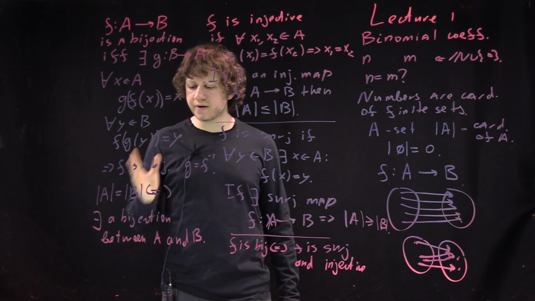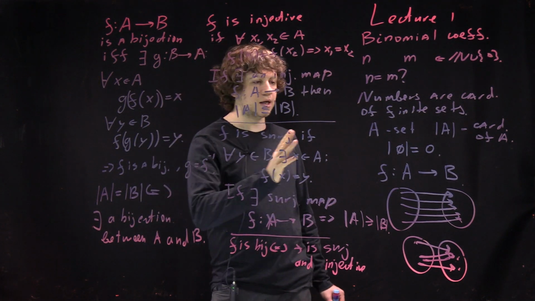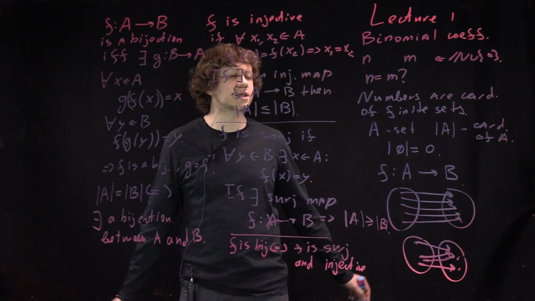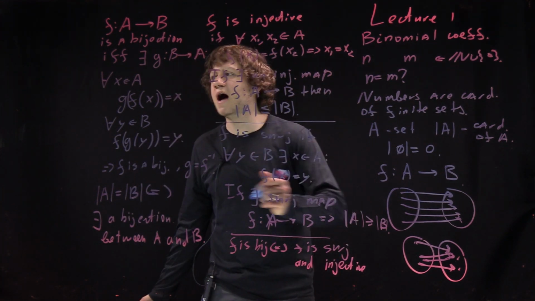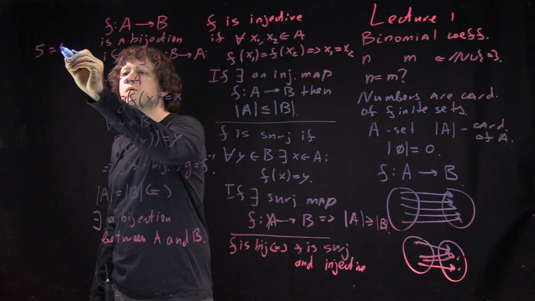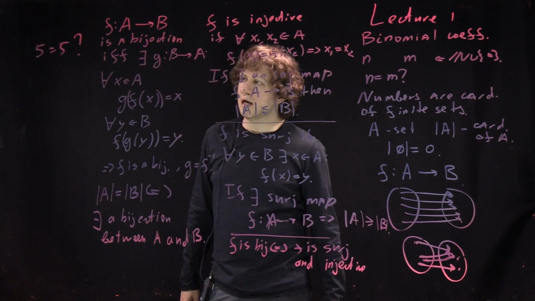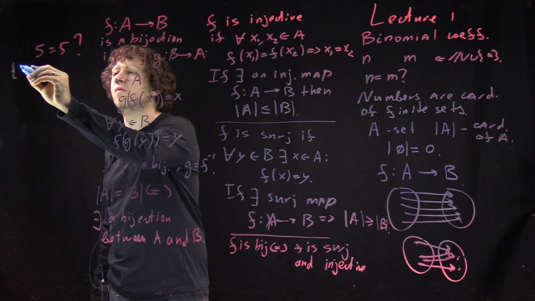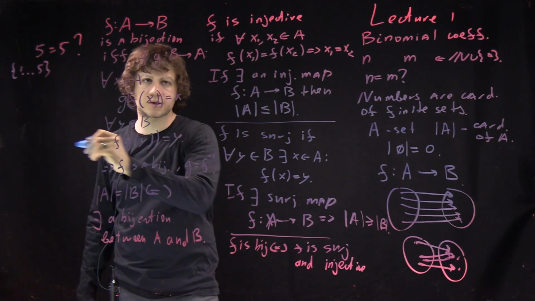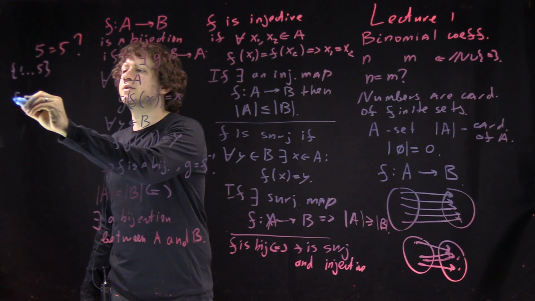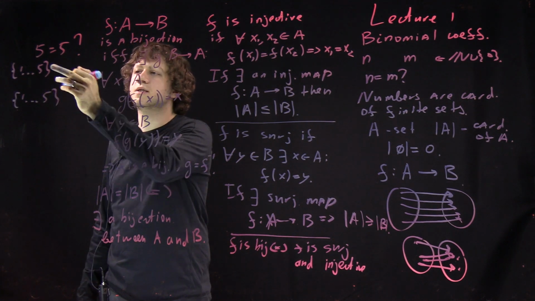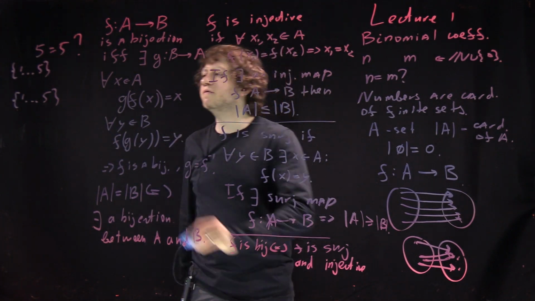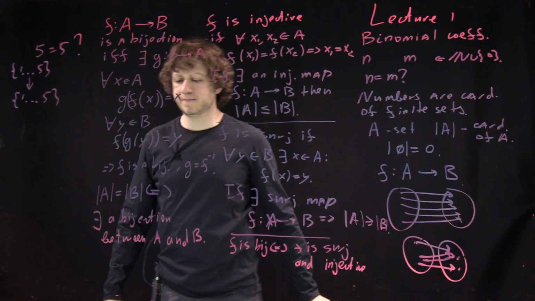But what is very important here is that if you have two numbers and they are equal to each other, you kind of think that there is nothing exciting going on. Just, you know, 5 equal to 5. I mean, what interesting math do you have here? But actually, when you are looking at sets, and if you look at a set consisting of 1 to 5, so this is just a set of 5 integers, and another set of 1 to 5 integers, and you can imagine that these are, I don't know, giraffes and these are elephants or something, then the fact that 5 equals 5 means that there is a bijection between these two sets.